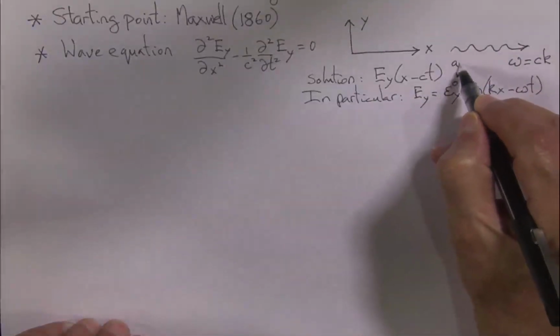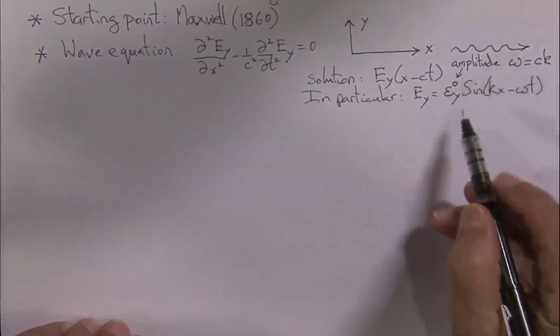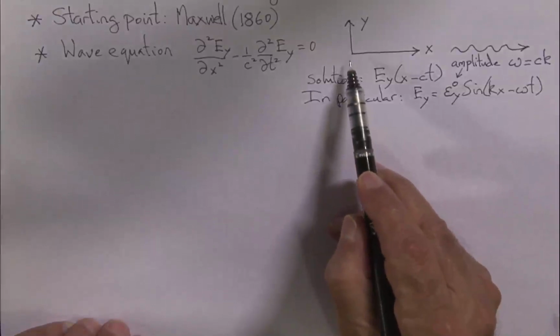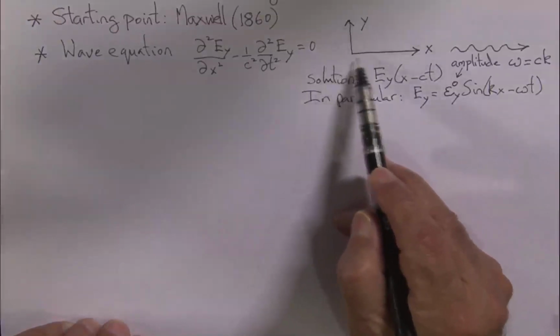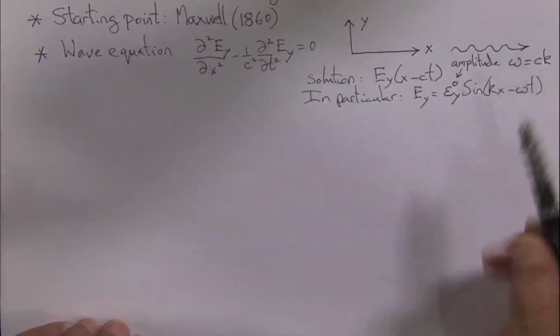It's the amplitude of the electric field in the y direction, and the y direction is the perpendicular direction to the x direction, which is the direction of travel.